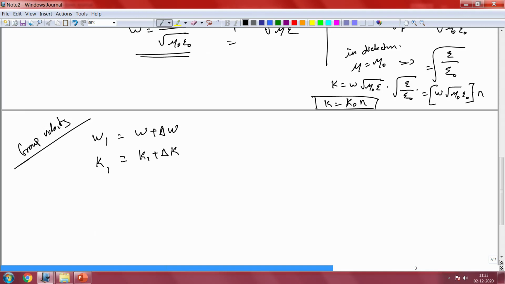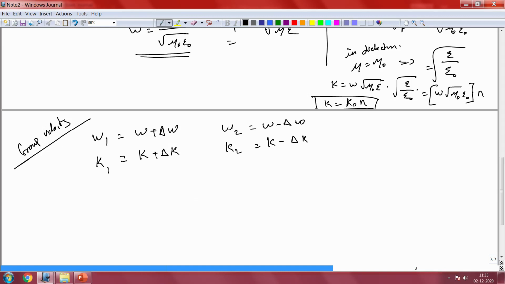And you could have more than one. Let's say there are two waves in this case, so there is another frequency here, and it will have its own wave vector here. Let's say this is k plus or minus delta k, so it has a certain spread. So there are two waves, with a certain spread.